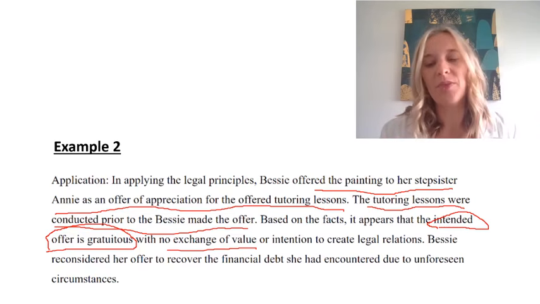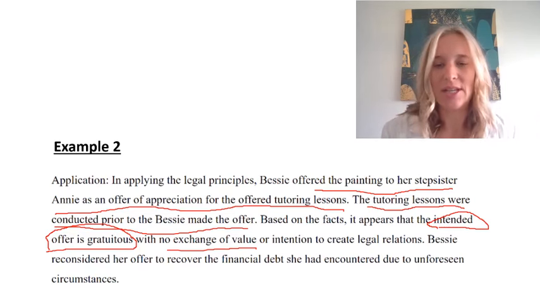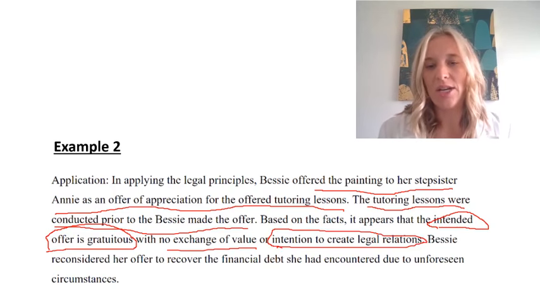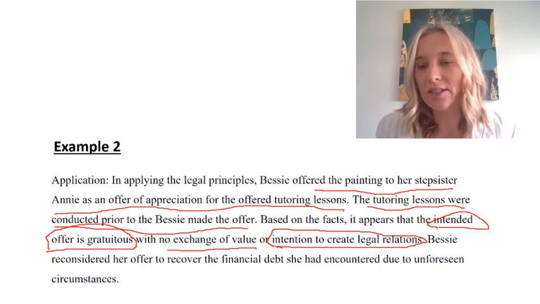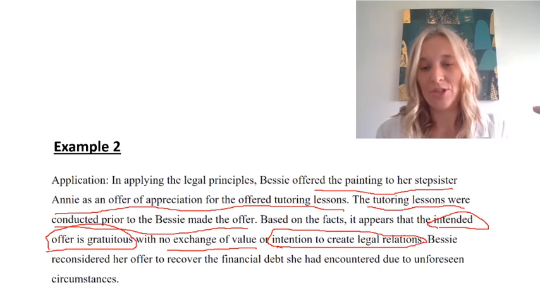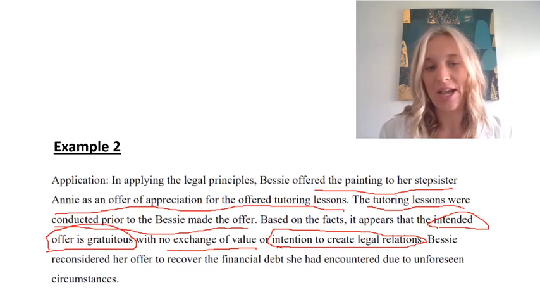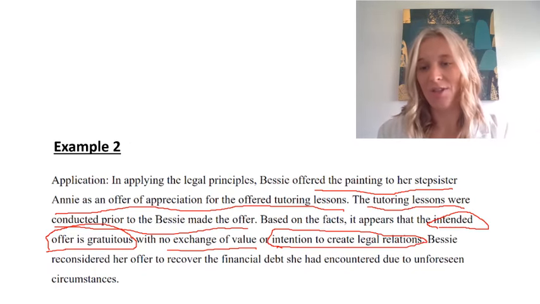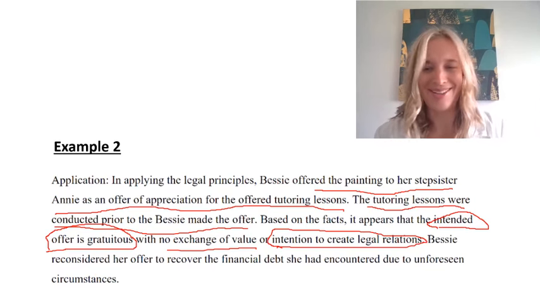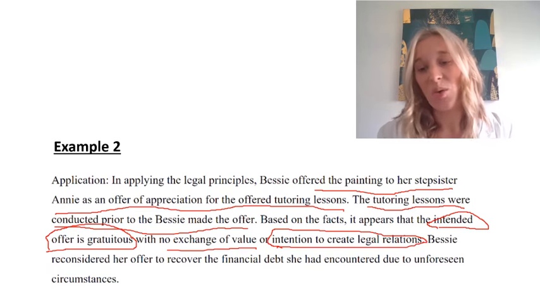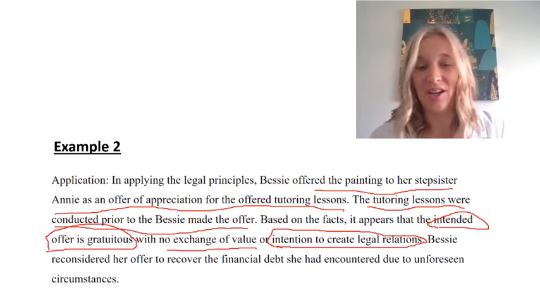A further problem that exists with this particular example is that the student has brought in another area of law. Now, there was an intention to create legal relations issue in this particular scenario, but the student, by mentioning it in the same sentence as the offer being gratuitous, which essentially came after them talking about the tutoring occurring in the past, has kind of married the consideration discussion and brought in a new area of law.